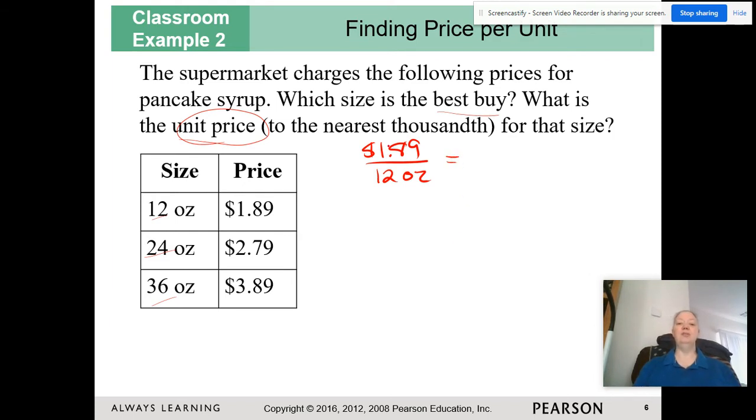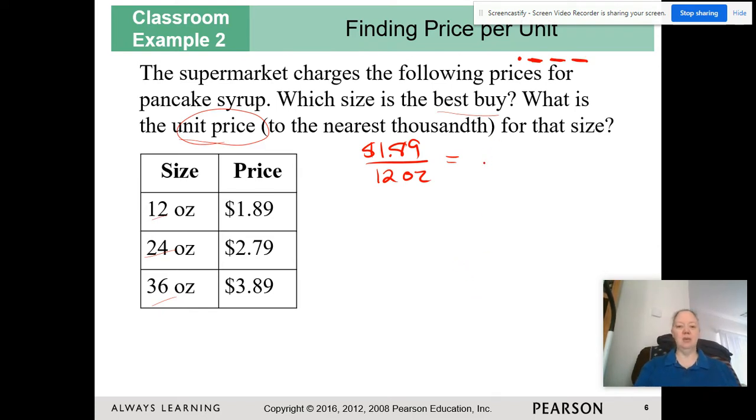So we are going to take 1.89 and divide it by 12. 1.89 divided by 12, and we're going to round to the nearest thousandth. Remember, with decimals, this first is tenths, hundredths, thousandths. So we need 3 decimal places.